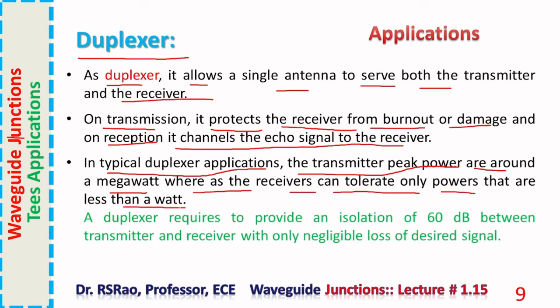It should be avoided. Therefore, a duplexer, which lets us establish a communication system with a single antenna, is required to provide an isolation of 60 dB between transmitter and receiver with only negligible loss of desired signal.